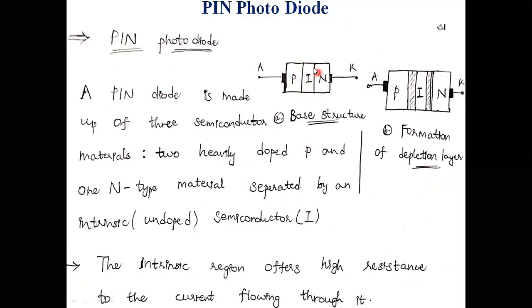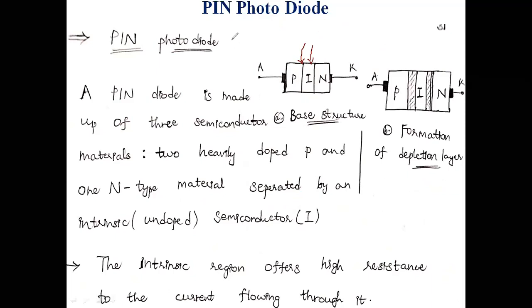Whereas here, this intrinsic layer is inbuilt, and by focusing some light energy upon this intrinsic semiconductor material, electron hole pairs are going to be generated, and I will get more energy from this.